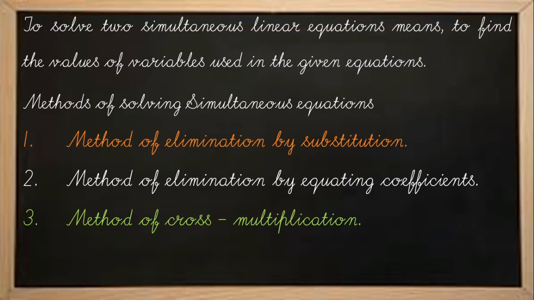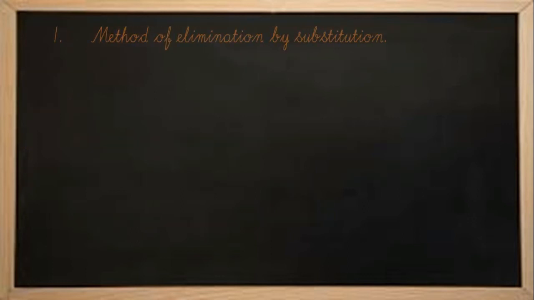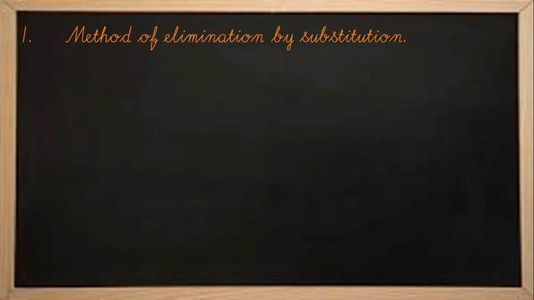If the heading is only to solve, then you have an option, choose the method which you want and find out. Make a note of it, children. If you solve in any of these three methods, the solution remains the same. Only the method of finding the values of the variables is different, but the solution remains the same. So let us move on to the first method, that is method of elimination by substitution.